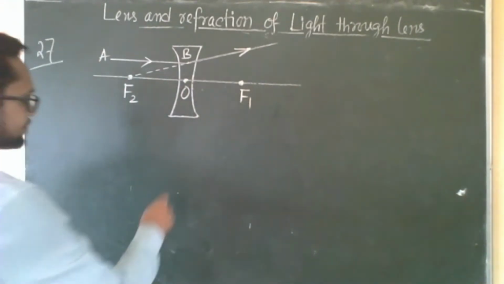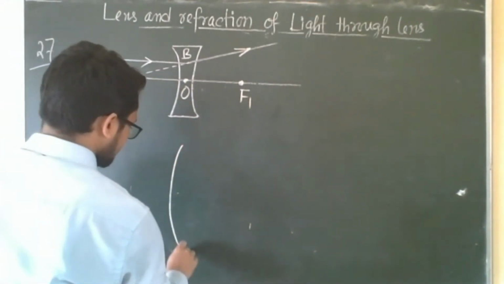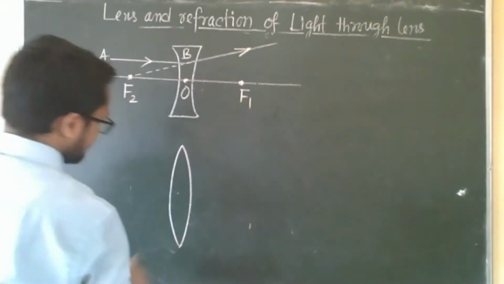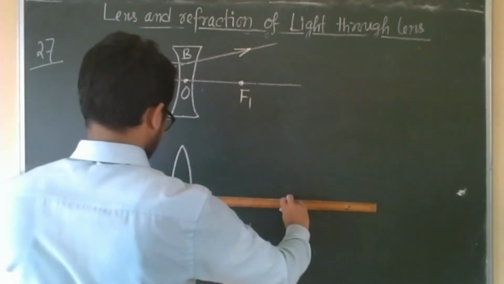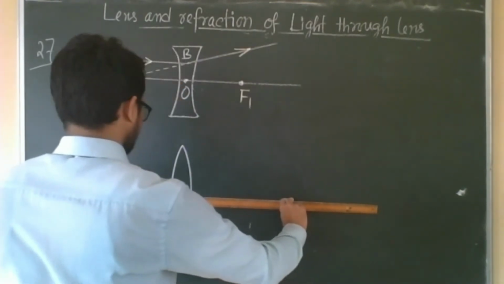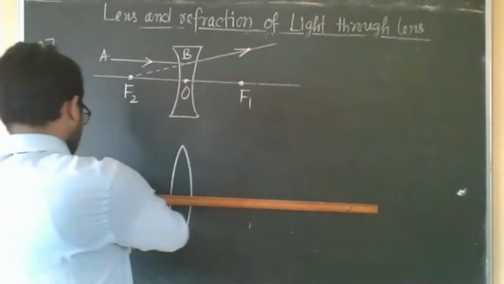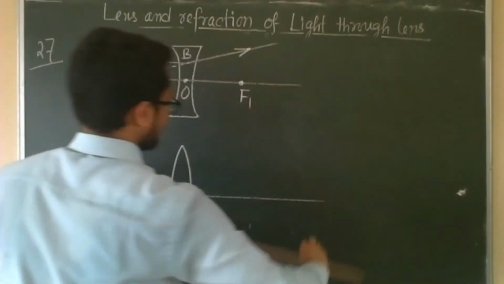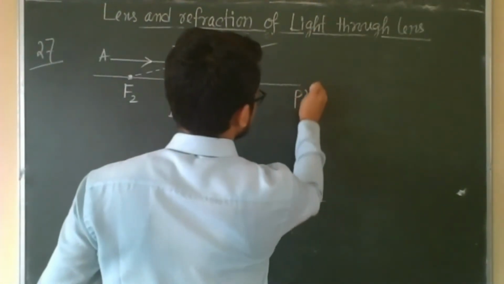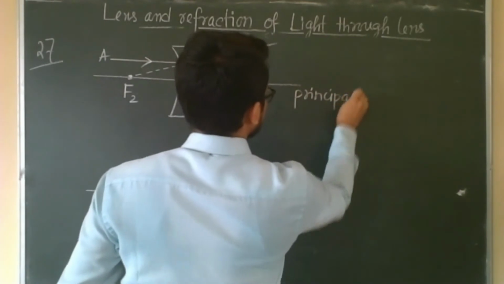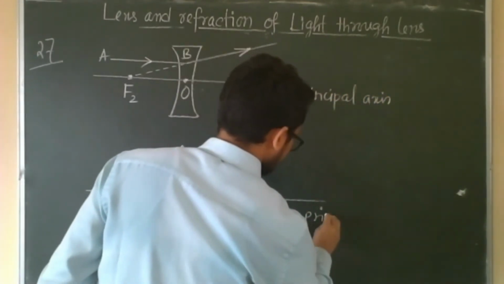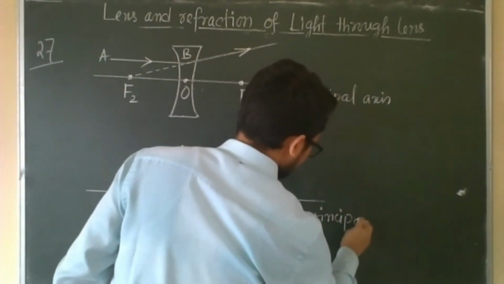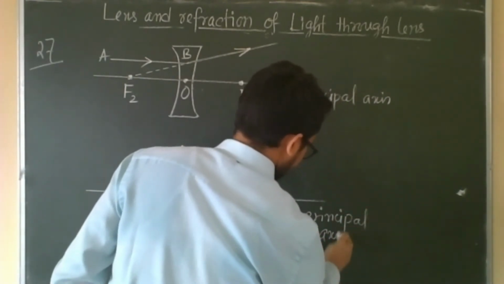The second one is for a convex lens. For a convex lens, what will happen? They will converge, right? Again in the same way, this is the principal axis. Here also you mention the principal axis. This is also the principal axis.